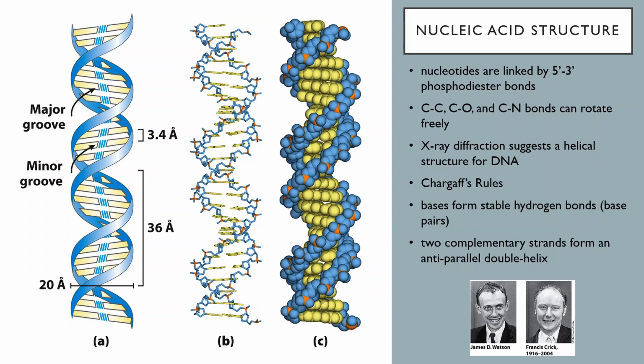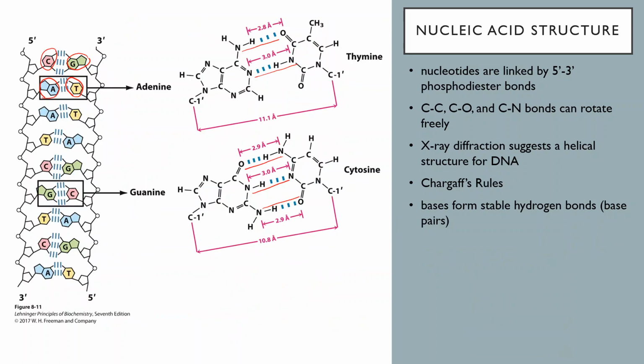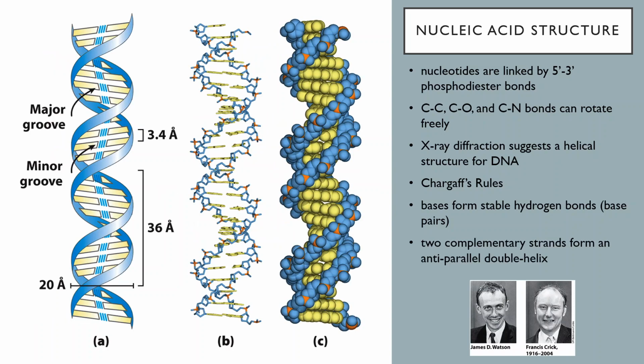Not only that, but when the bases are paired like this, because both molecules are basically flat, both pyrimidines and purines are basically flat molecules because of all the double bonds that hold them together, two bases that are base paired will also be flat. So the two strands can line up with each base pair almost parallel to the one above it, and that's true at each nucleotide position.